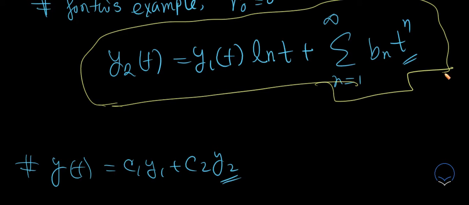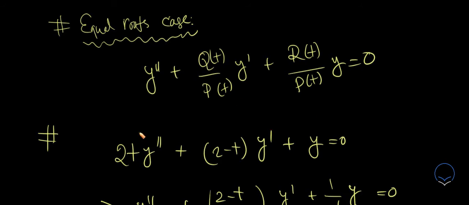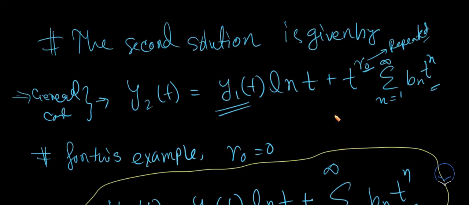Obviously there is another way to see that this is the kind of second solution that will come up. If you want to construct a second solution, let's say this is your trial function that you are trying, and you want to see whether it will work. You just put it back in the differential equation. That's like working backwards, and this should work. So this is what one needs to do when there are repeated roots.